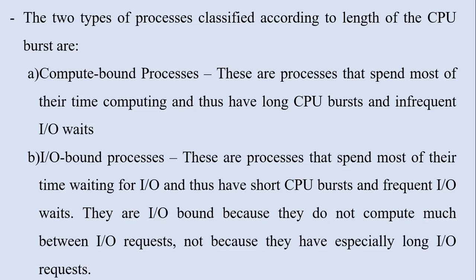These are processes that spend most of their time waiting for input or output, and thus they have short CPU bursts and frequent input-output waits. They are input-output bound because they do not compute much between input-output requests, not because they have especially long input-output requests.